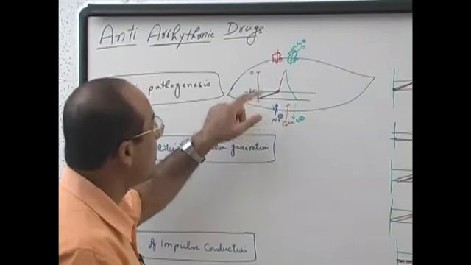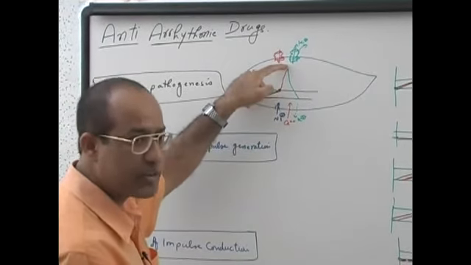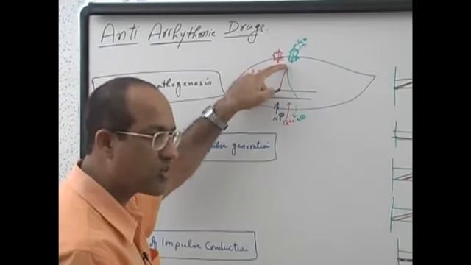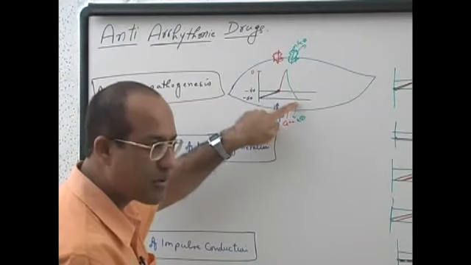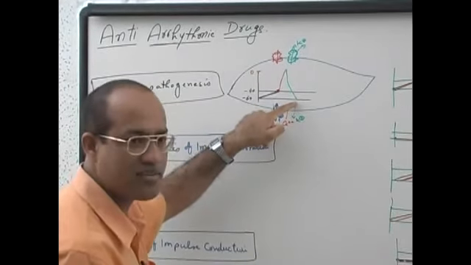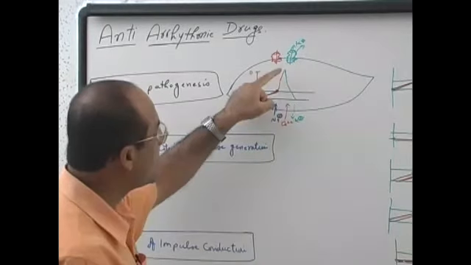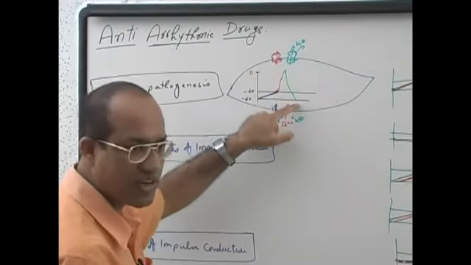So the cell, which had lost its negative polarity, due to efflux of potassium has regained its negative polarity. It has again become minus 60 millivolt. We say the cell is repolarized. Now, we can say that the electrical potential of the membrane has come back to its resting level.